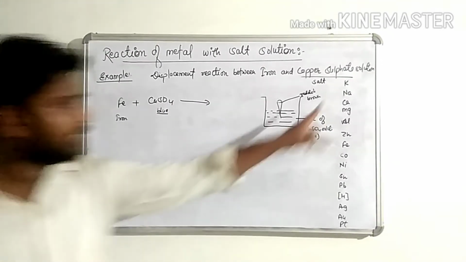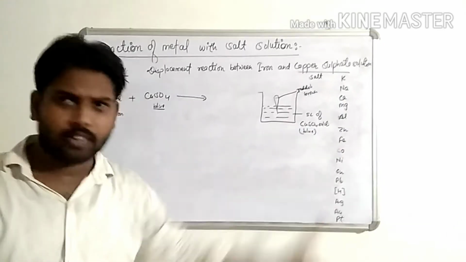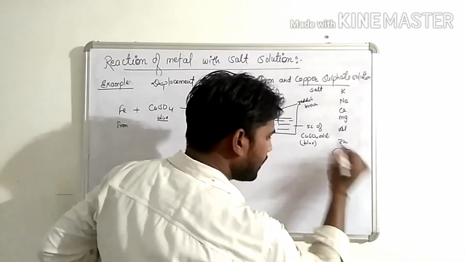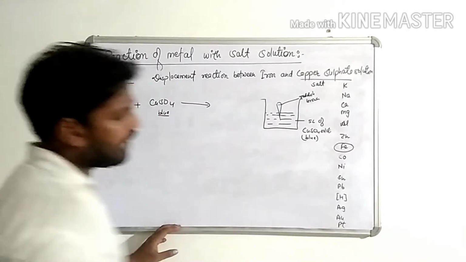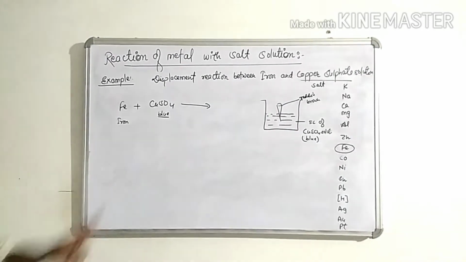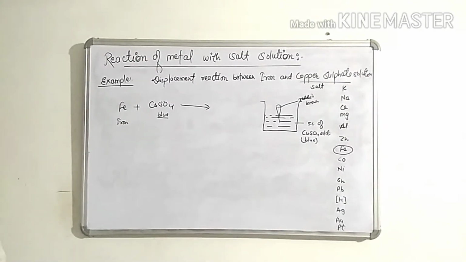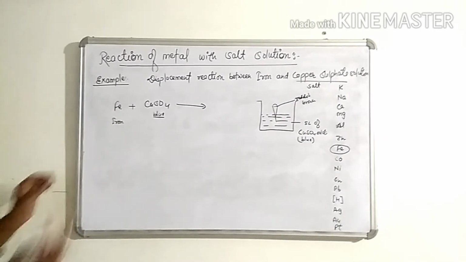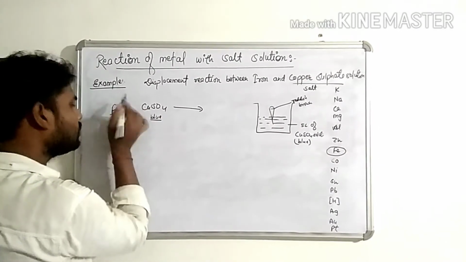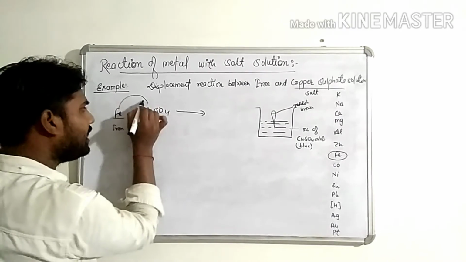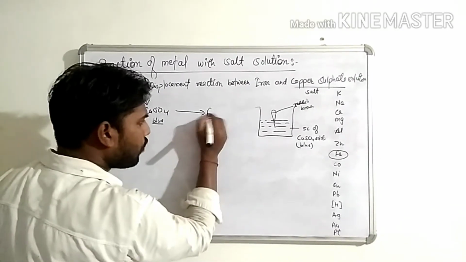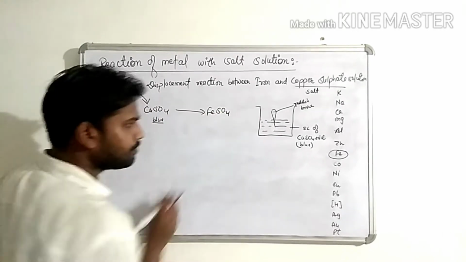Now this is the reactivity of the metals. There is the iron, and children, iron is more reactive than copper. So being more reactive, this iron displaces the position of copper and forms FeSO4.